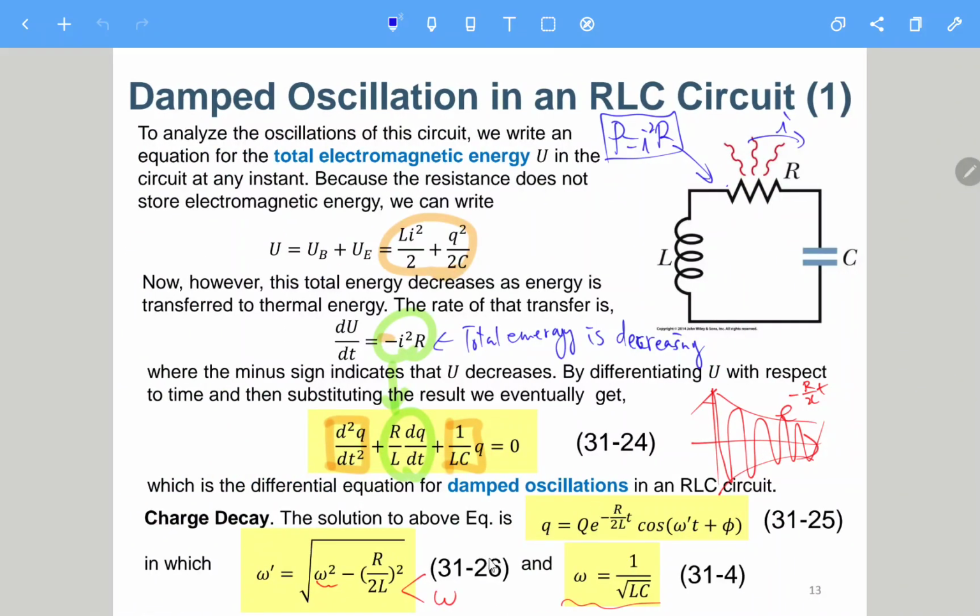Here we can see omega squared is 1 over LC minus R over 2L quantity squared. So this is actually beta, and you can see this is alpha, this is beta. Of course this is Q, but actually Vc or other variables will have the same form. Only the initial condition, or just say the amplitude and the phase, are different.